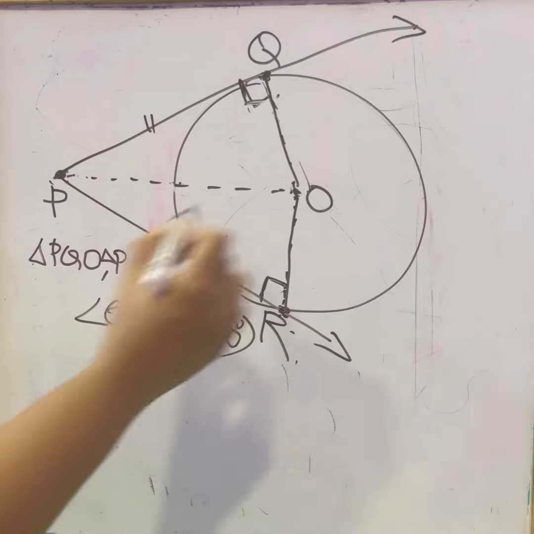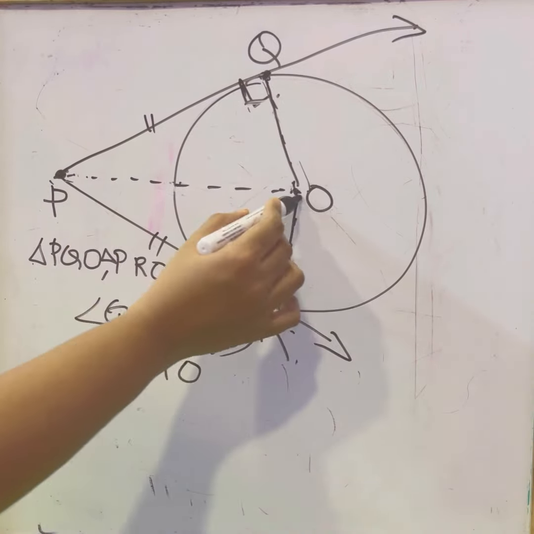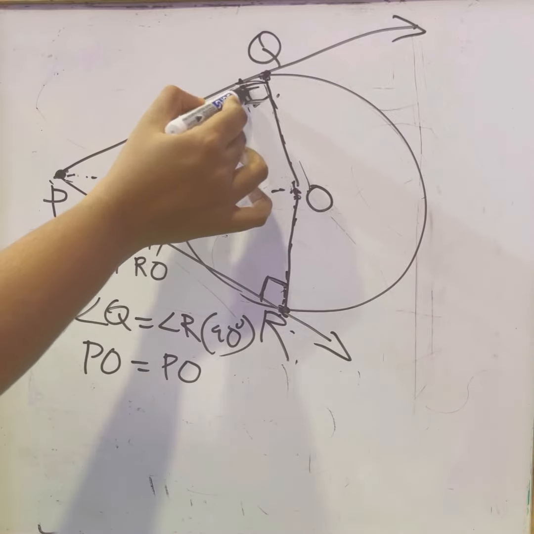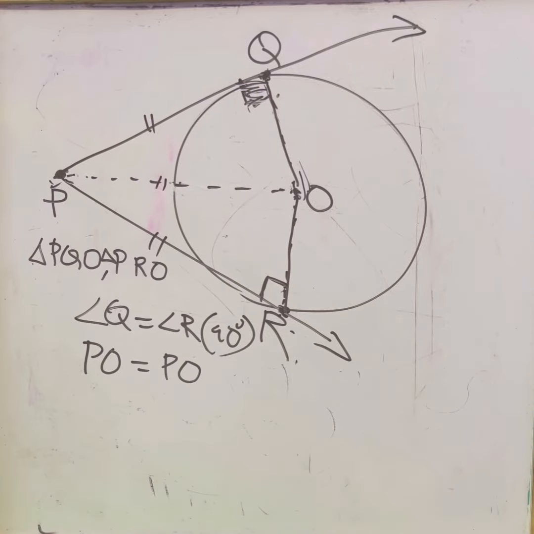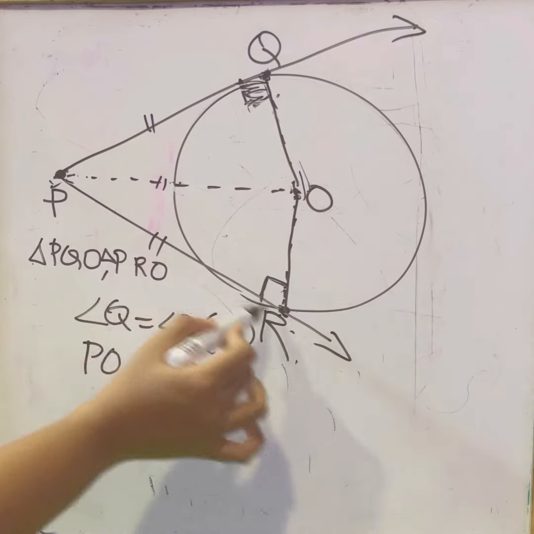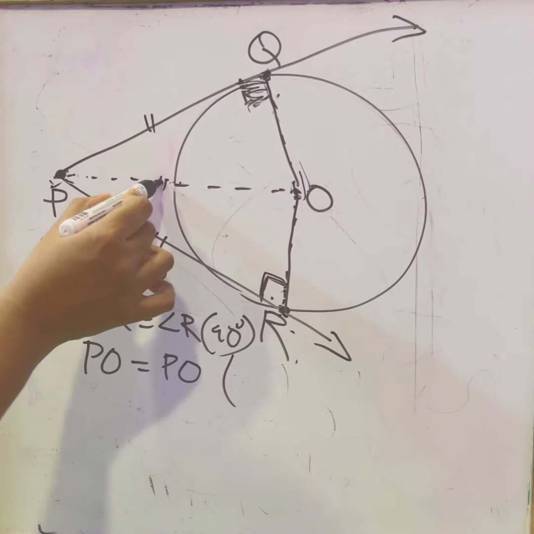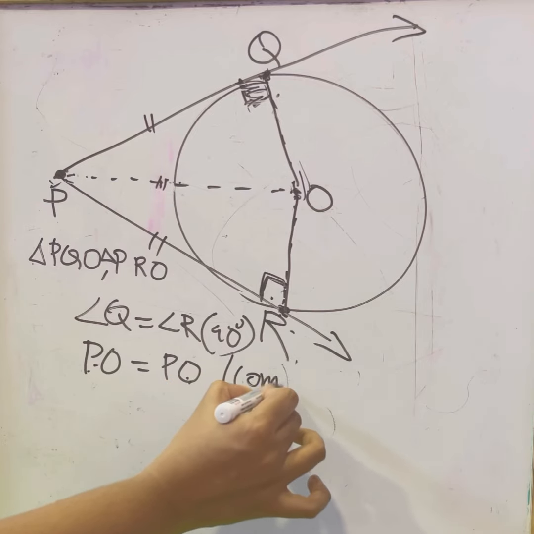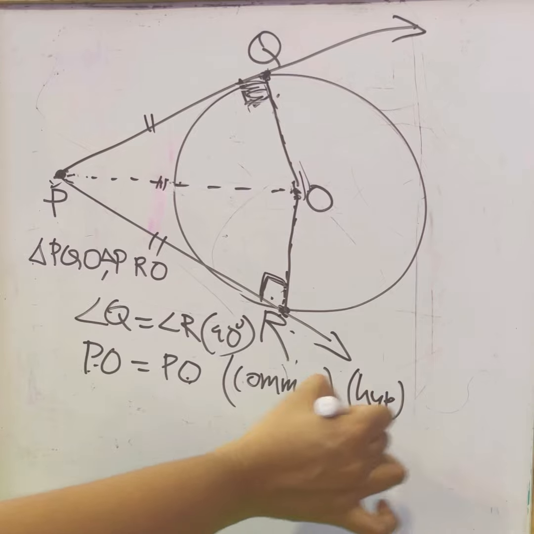Next we can see PO is common to both triangles. If this is a right angle, the side opposite to it is the hypotenuse. In the lower triangle too, this is a right triangle and the side opposite is the hypotenuse. So PO equals PO, they are common, and PO is the hypotenuse of both right triangles.